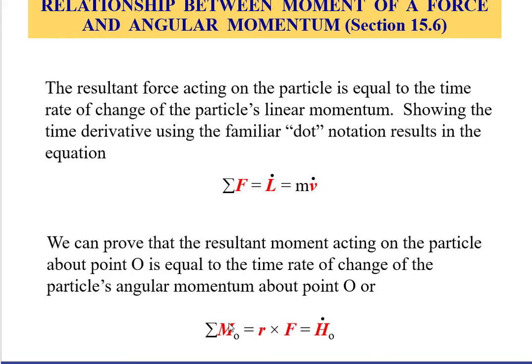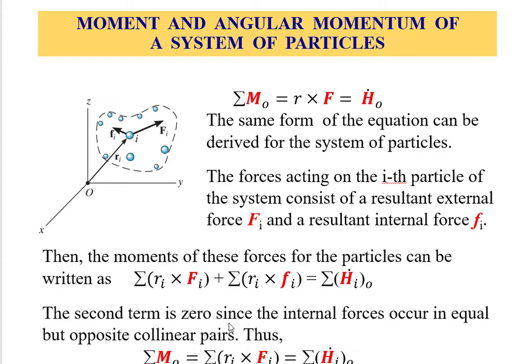Now, so far we discussed one particle. So what if we have a system of particles? Keep in mind that the internal forces, the moments of the internal forces, will cancel each other within a system.